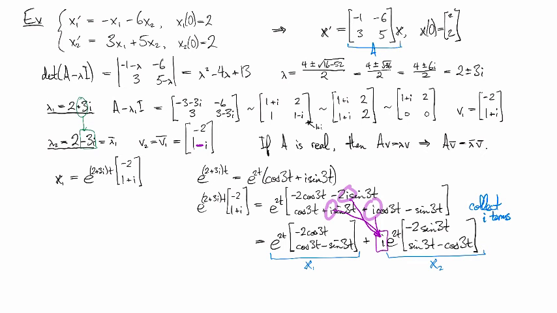So then my general solution will be c1 e to the 2t 2 cosine 3t, cosine 3t minus sine 3t, and then c2, and I just sweep that complex imaginary i into the c2.